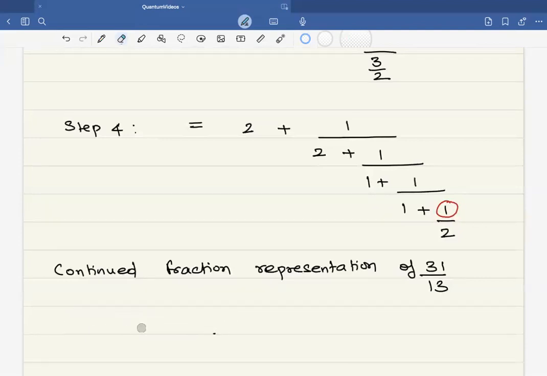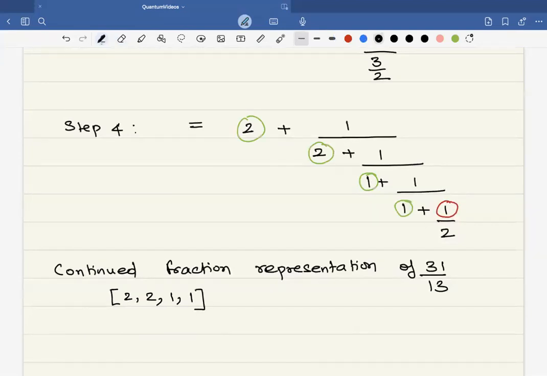This is not the continued fraction representation, but rather if I look at these numbers, right? So this is A0, A1, A2, A3, right? So the continued fraction representation is 2, 2, 1, 1. Yeah, that is it.